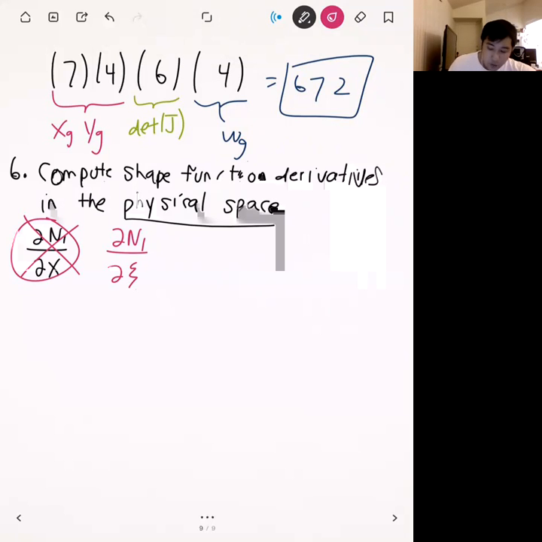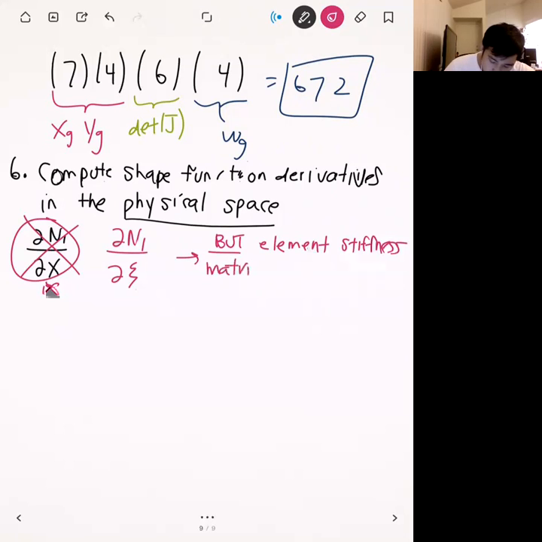Most of the time we're fine with just using partial N1 partial xi, but for our element stiffness matrix we actually need this first one, because remember the form for our element stiffness matrix that we talked about at the beginning.